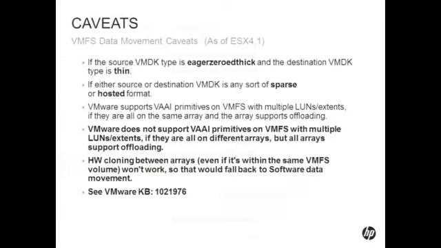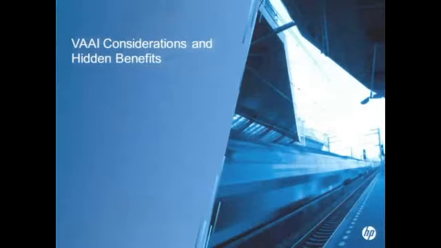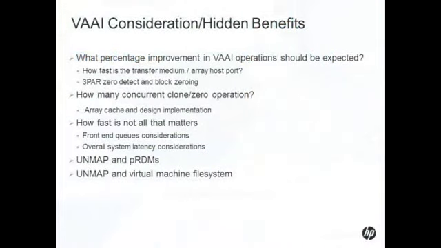So a VMFS with multiple extents across multiple storage systems. I don't know how many people do that. How many people do that? Okay, good. I don't know how many people want to do that, right? But if you did do that, you wouldn't be able to leverage VAAI to do any type of operation on that datastore, okay?